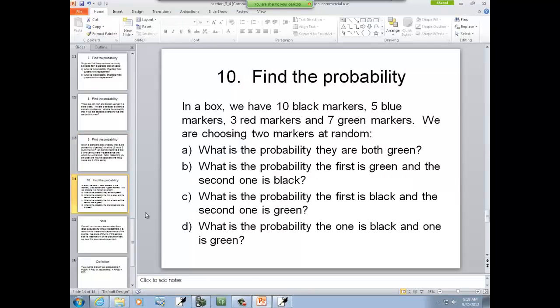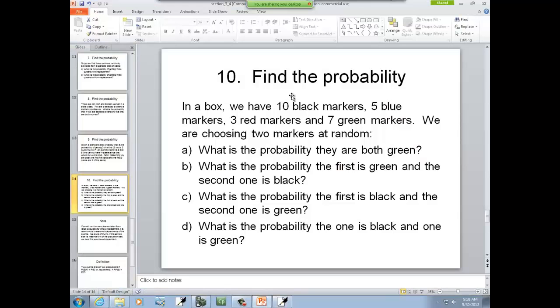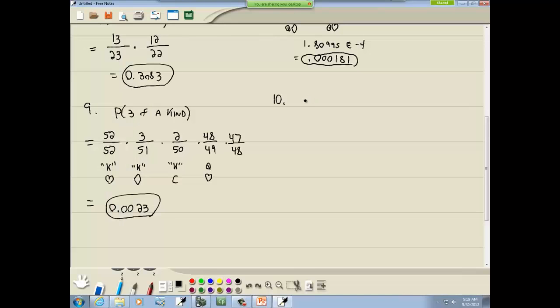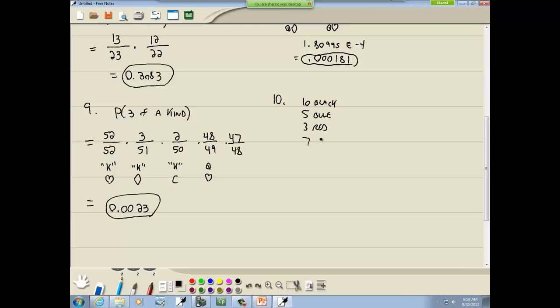Okay, let's look at our 10th example here. So in a box we have 10 black, 5 blue, 3 red, 7 green.